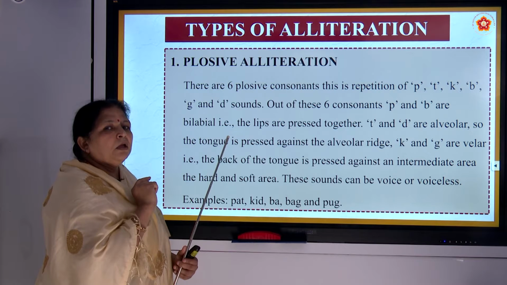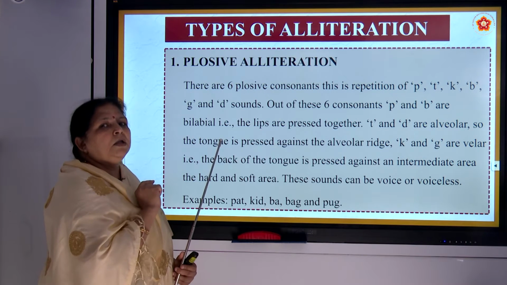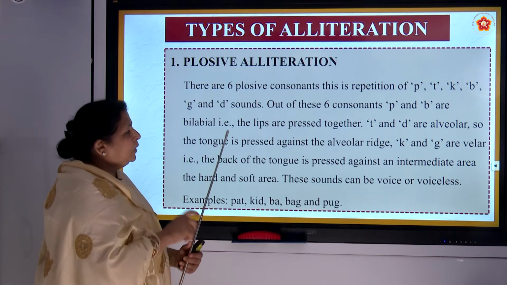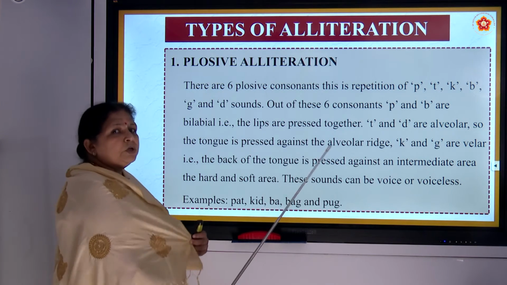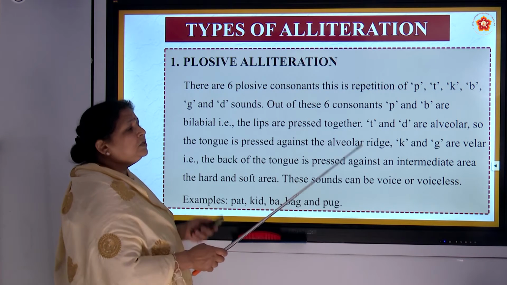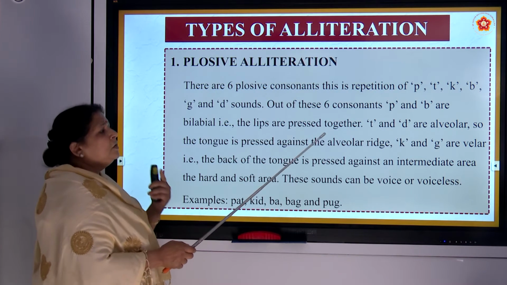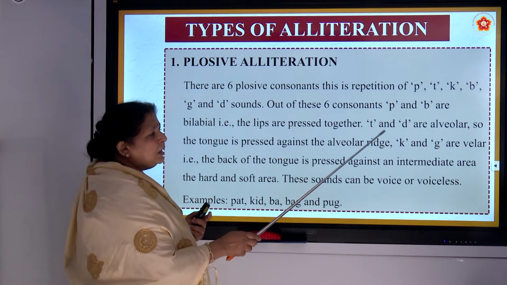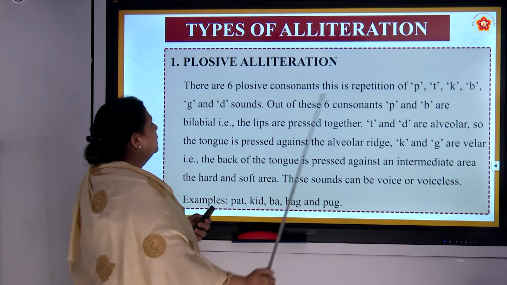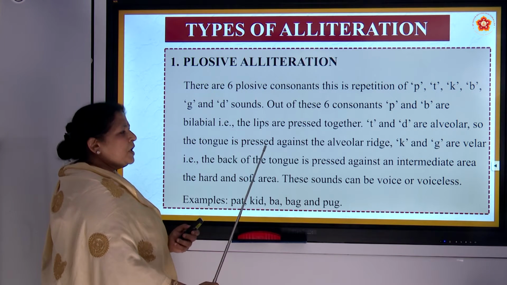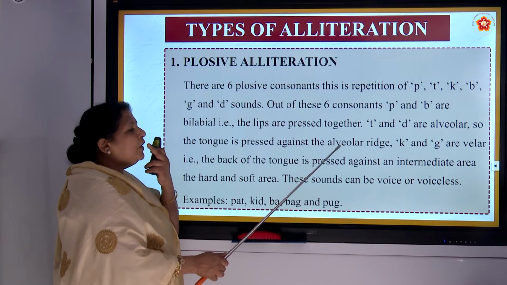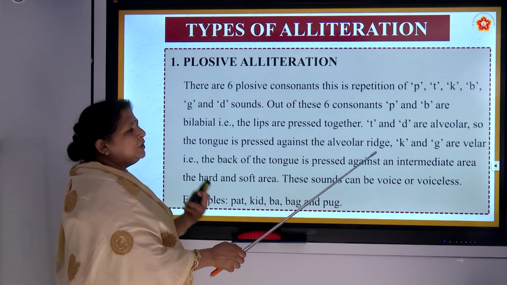So T, T, D, D. You also repeat, then only you will know it and it will get fixed in your mind. So T and D are alveolar. The tongue is pressed against the alveolar ridge, R-I-D-G-E.